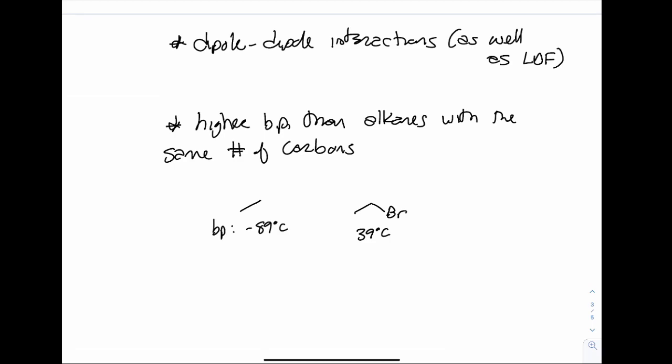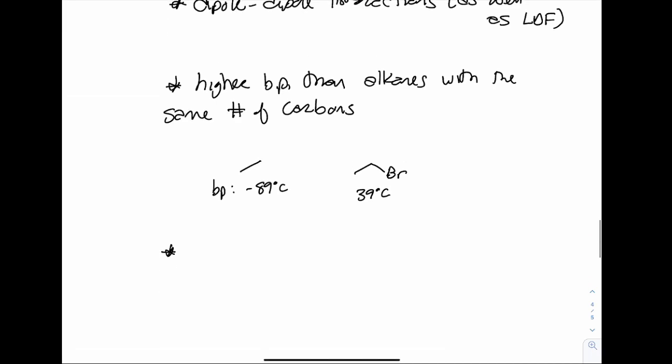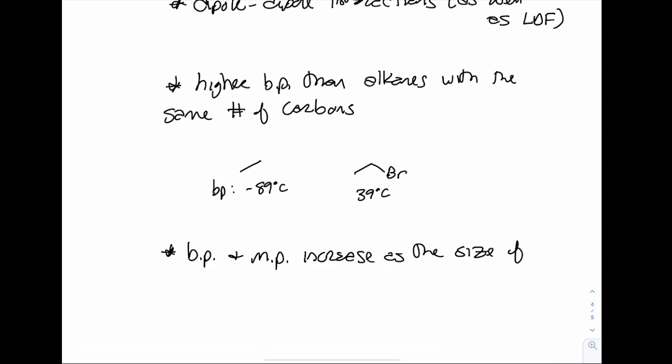My boiling point and melting point both actually do vary as the size of the R group varies, and then also as the size of the halogen varies. So my melting point and boiling point both increase as the size of the R group, the carbon portion, increases.